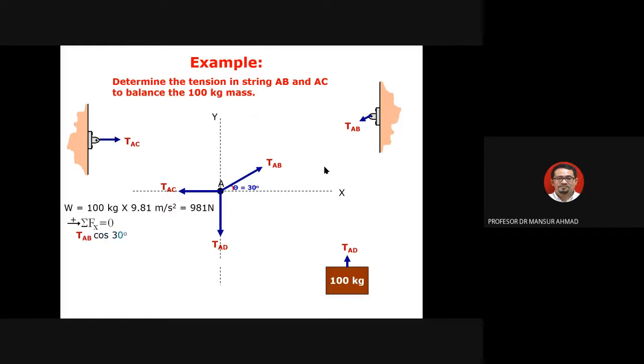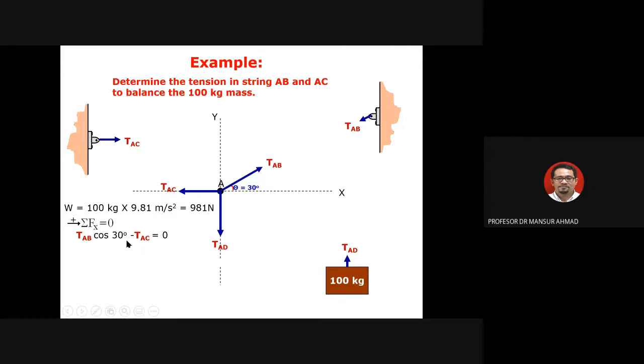Okay, so look at that calculation. If you have any question, go ahead. So the answer is TAB cosine 30 minus TAC. Next, I'm going to sum forces, but I cannot solve this because there is an unknown here.